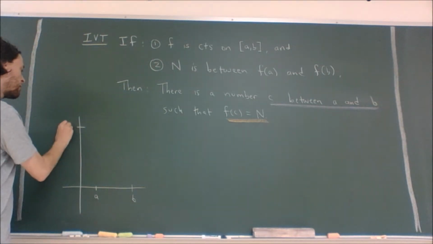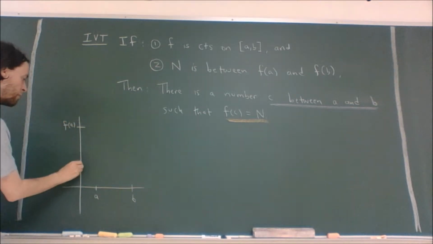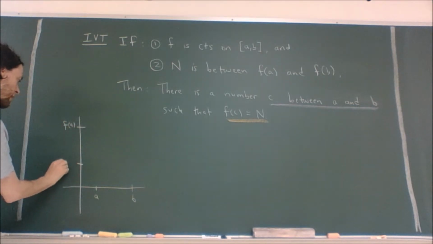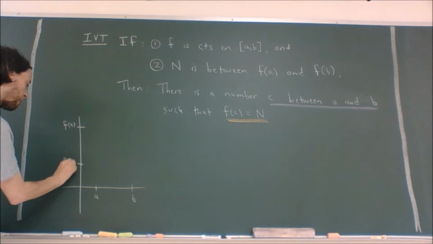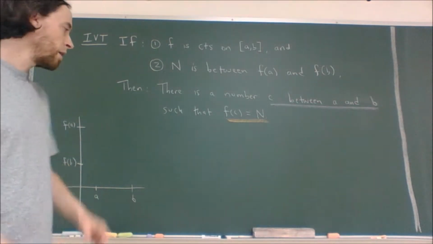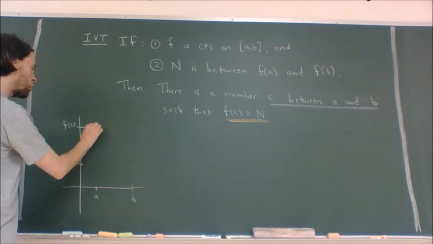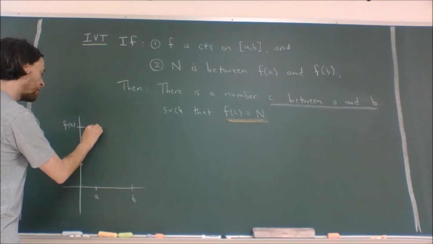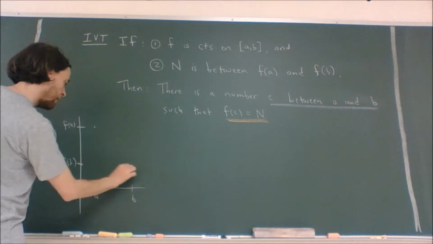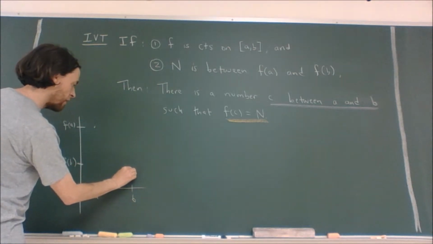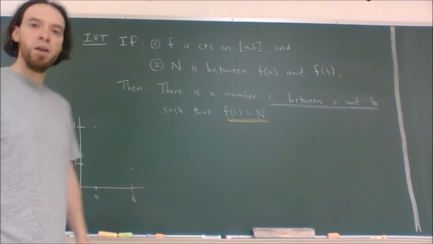Let's say f of a happens to be up here, and f of b happens to be down there. Okay. Then we've got 2 points. One point with x-coordinate a and y-coordinate f of a, and the other point b, f of b, right about there. Okay.